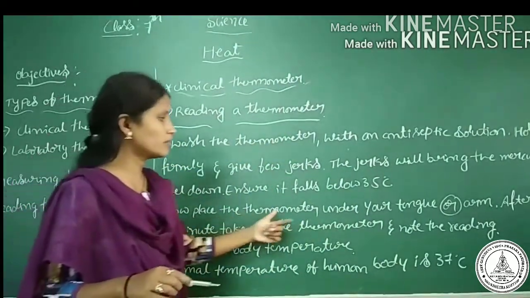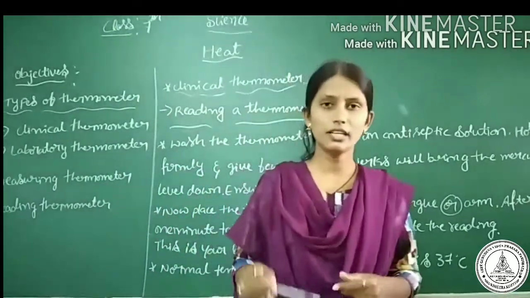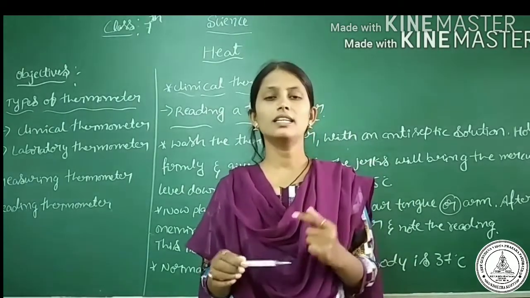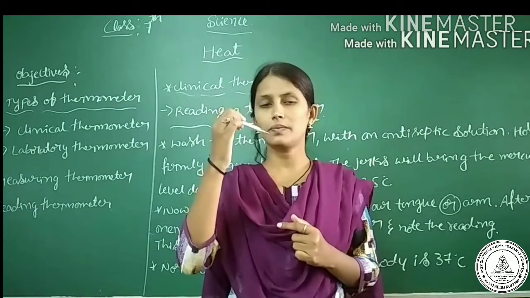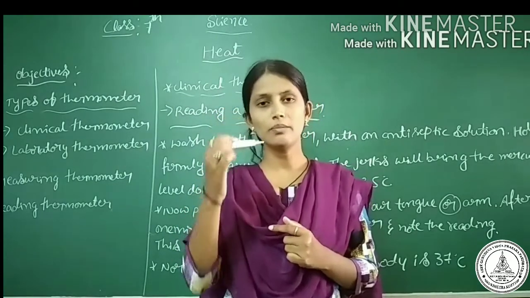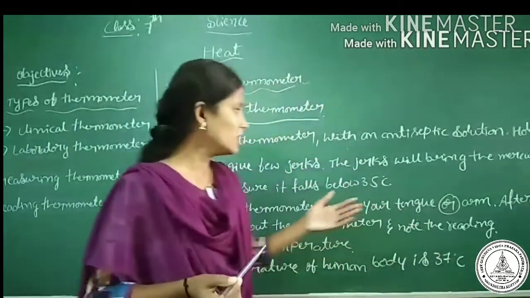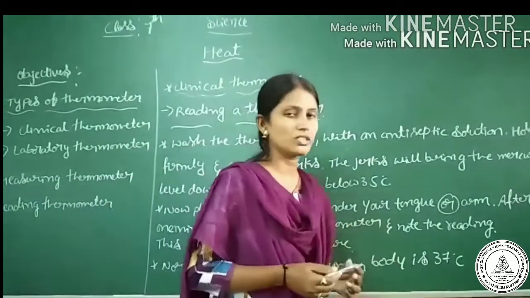Now place the thermometer under the tongue or arm. You can keep it under the tongue, or under the armpit. After 1 minute, take out the thermometer and note the reading.